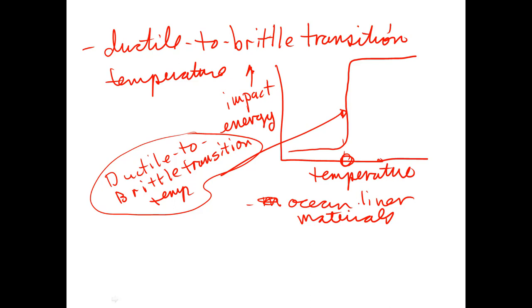Recall that the hull of the boat that fractured. That was because of a lack of understanding of the ductile to brittle transition temperature of a low carbon steel, and just automotive parts.